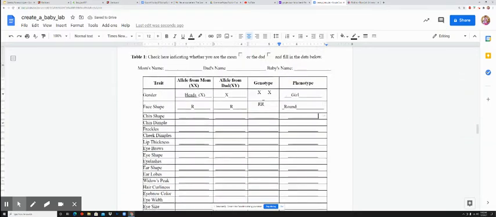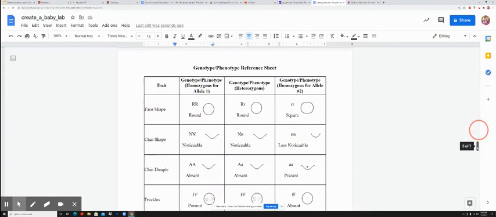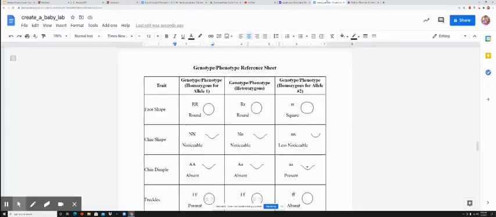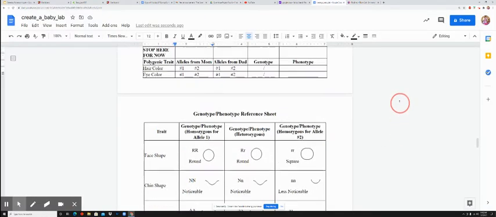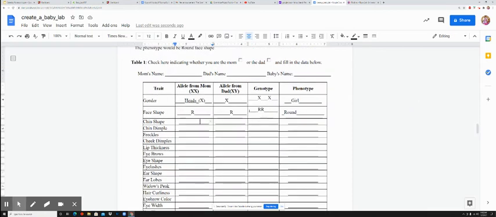Let's do one more. Chin shape. Let's do chin. So chin is using the letter N. Is it noticeable, or less noticeable? Heads, so that's going to give me a capital N. Oops. And now the dad's turn.